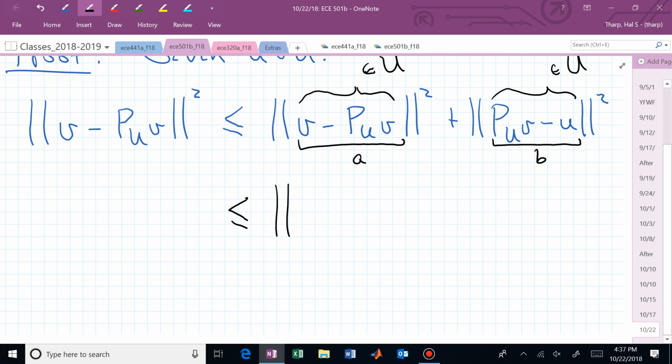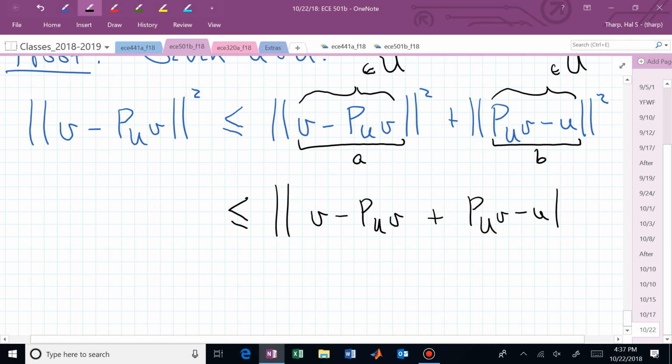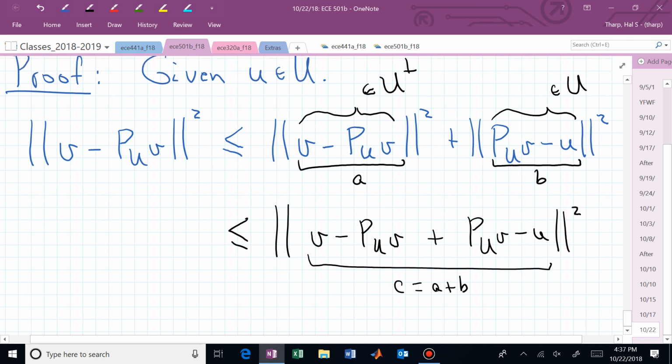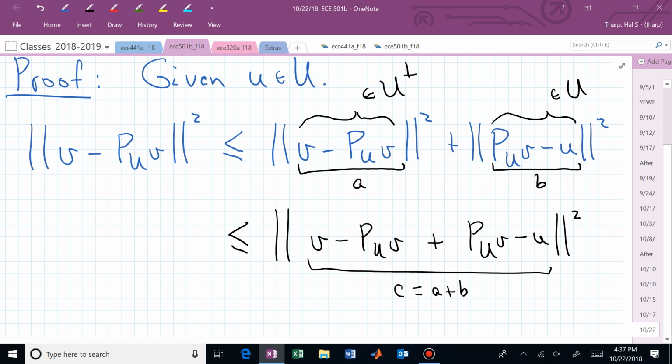Since the Pythagorean theorem is still true and C squared is A plus B, so here is A plus B, and this now, if I have what? A and B are orthogonal, so I can use the Pythagorean theorem. There's A squared plus B squared is equal to C squared. This is now using the Pythagorean theorem.